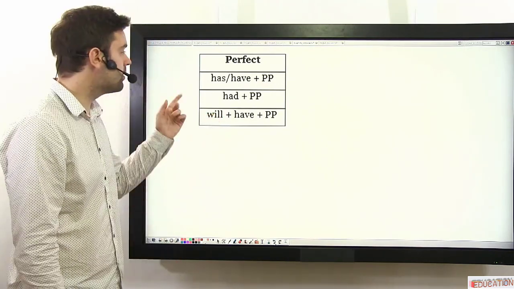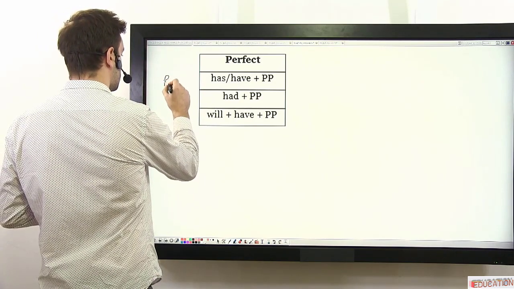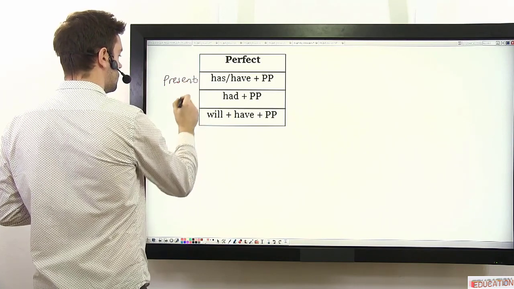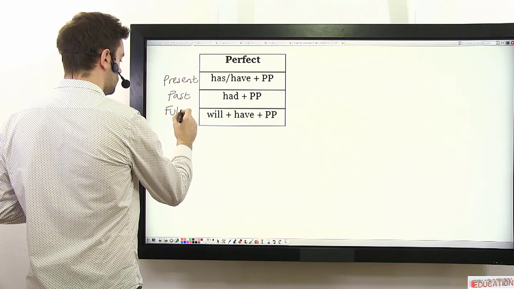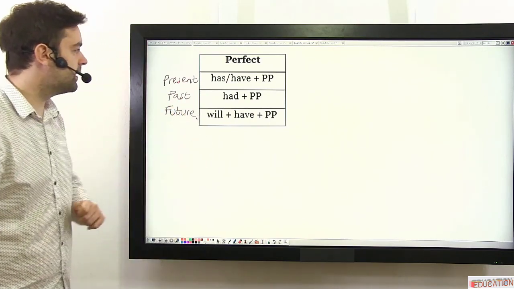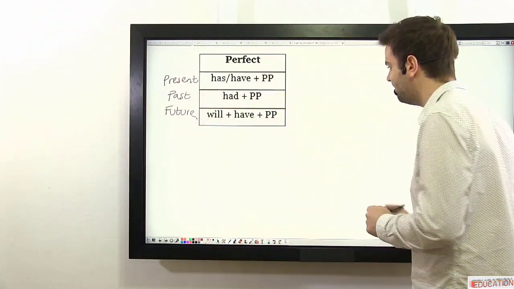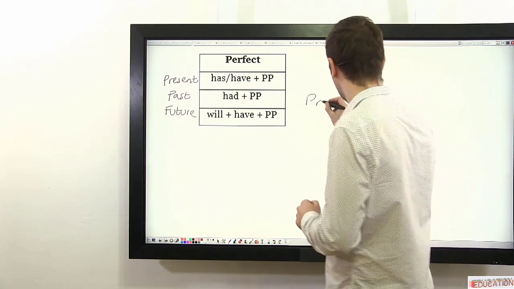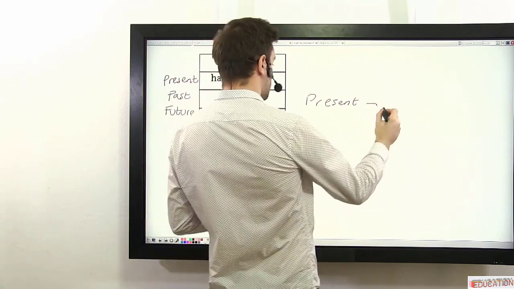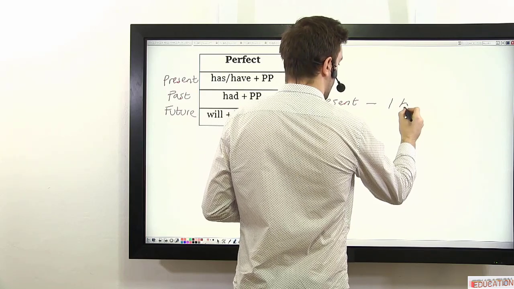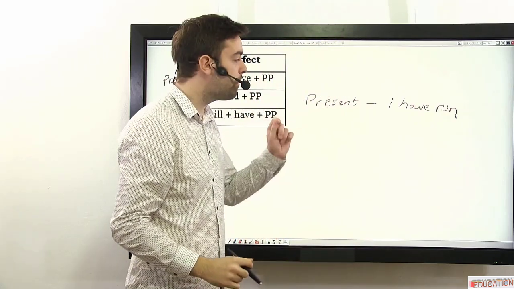Okay, and what about the perfect tenses? So we have the present, the past, and the future. So let's write these out. Again, we'll use the same verb, which is run. Present perfect, I have run. Run, remember, is the past participle.